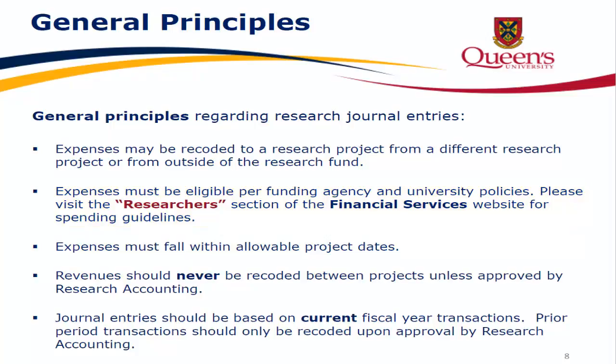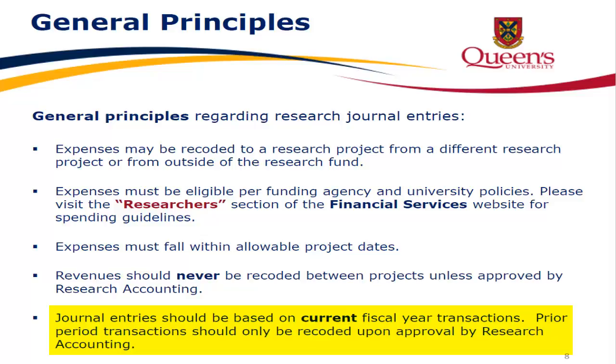Another thing to keep in mind is that expenses must fall within allowable project dates. It is important to remember that revenues should never be recoded between projects unless approved by research accounting. And finally, journal entries should be based on current fiscal year transactions. Prior period transactions should only be recoded upon approval by research accounting.